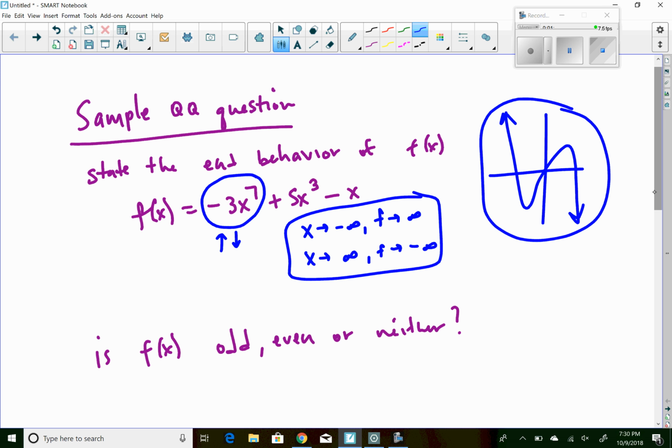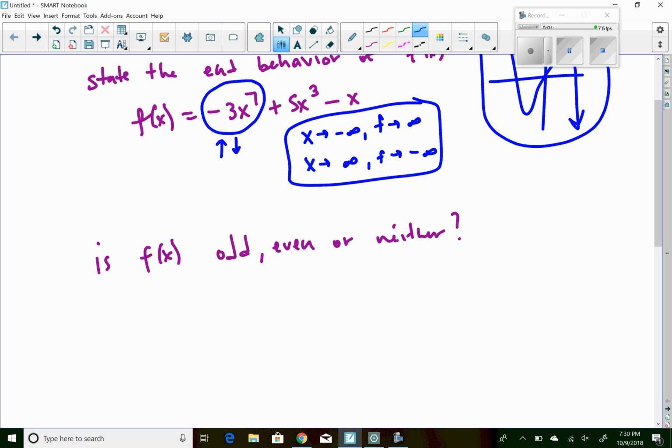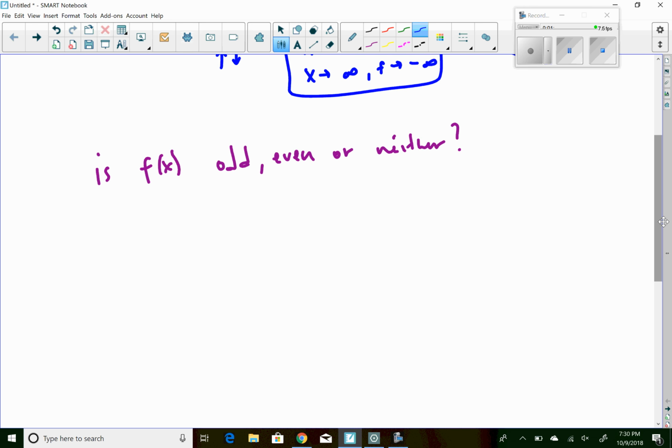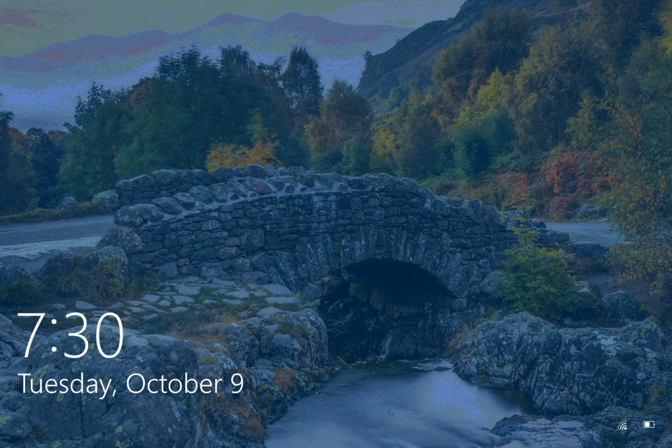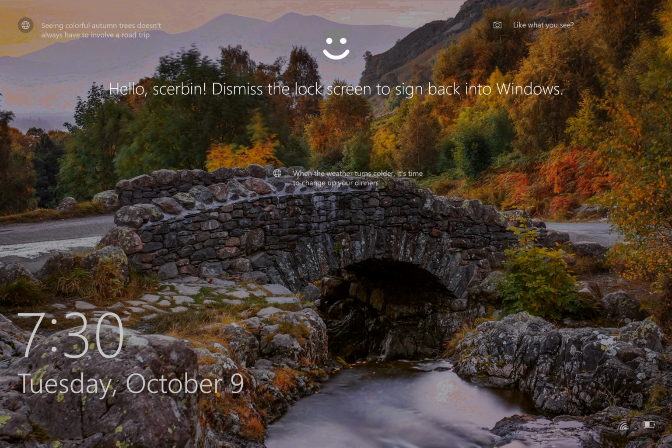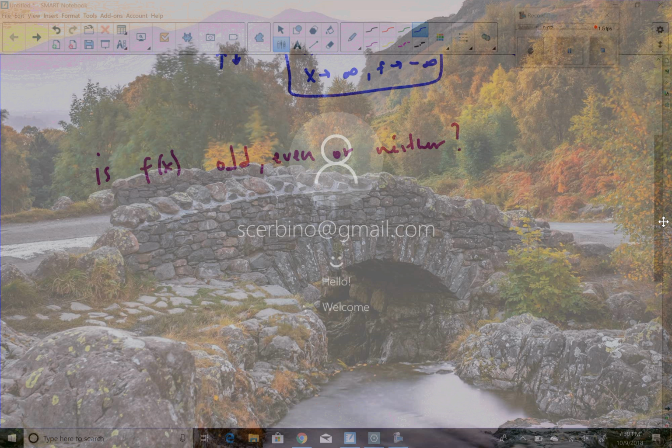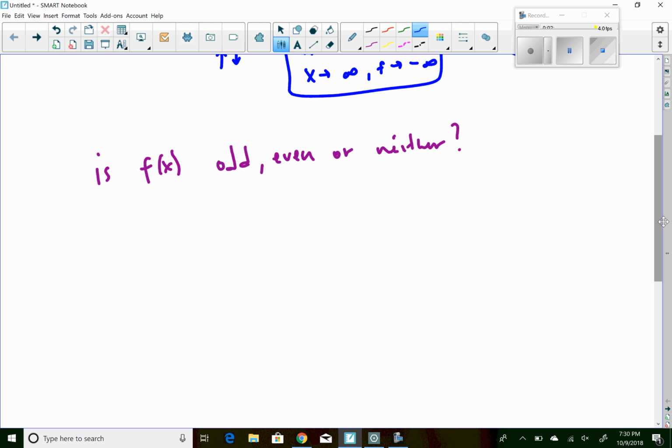Now, the thing is, I'm not going to ask you to just look at the graph. I'm going to ask you to do it algebraically. So let's go over how to do that. To do this algebraically, what we have to do is put in negative x instead of x.